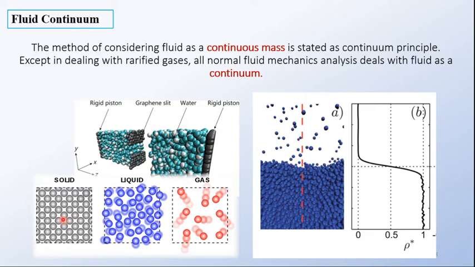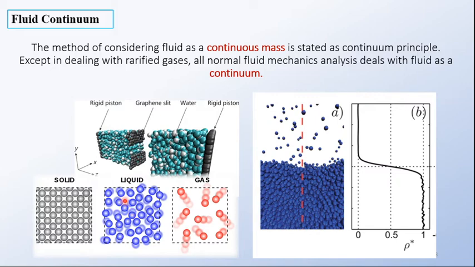Solid, there are particles and then there is a space in between. In case of liquids and gases, it is something different. For example, here the distance between the molecules is there, but in between the molecules there is large space which is available.